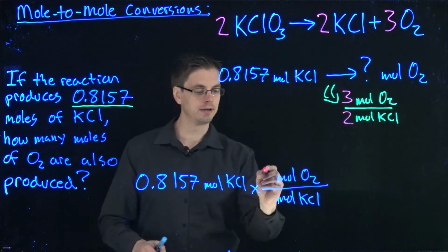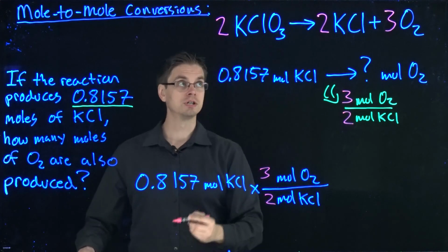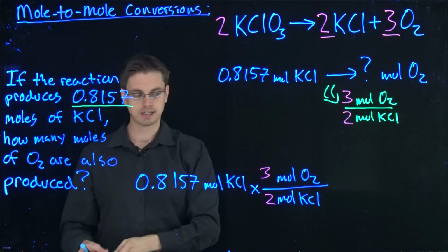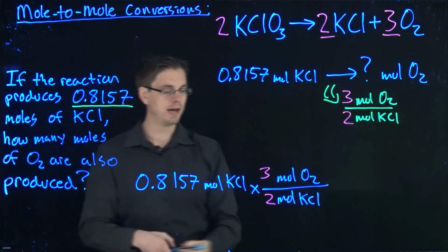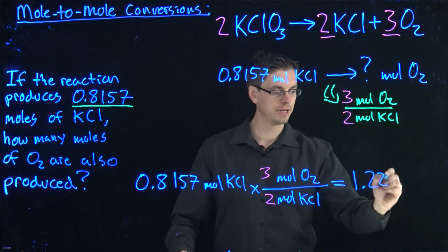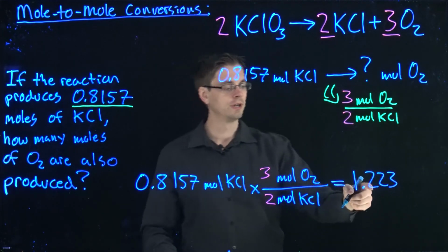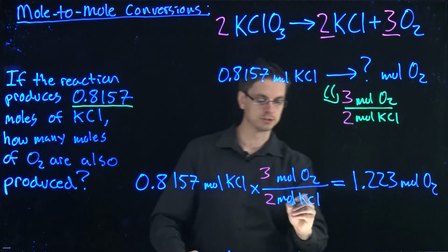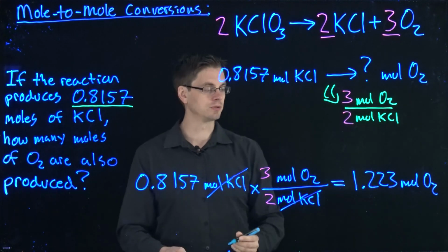We're going to plug in those stoichiometric coefficients. Once again, I'm just pulling them from that balanced chemical reaction equation. And if we carry through the math on this one, you should obtain a value for roughly 1.223 moles of O2 because our moles of KCl have canceled out.